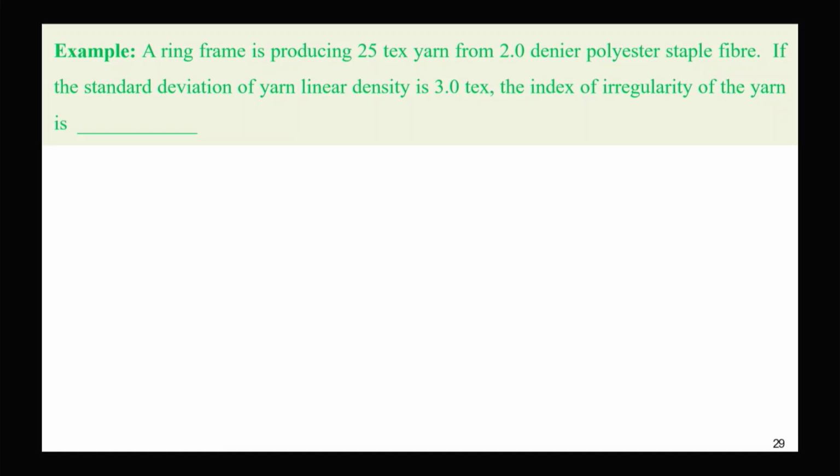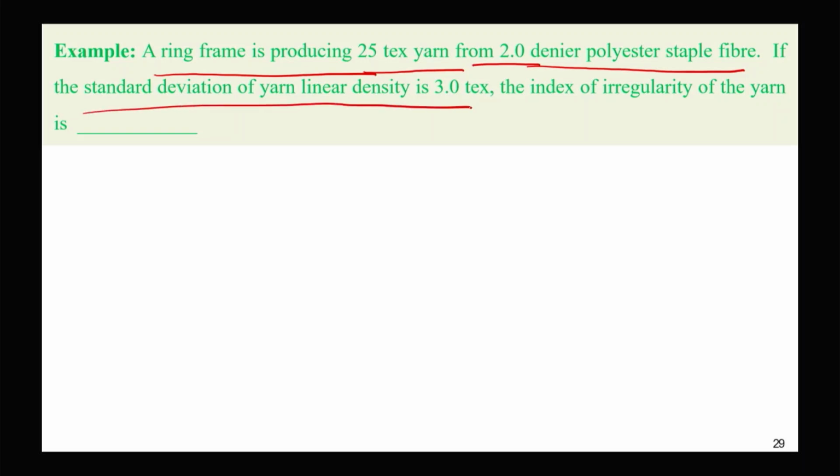Now, a ring frame is producing 25 tex yarn from 2 denier polyester. If the standard deviation of yarn linear density is 3 tex, the standard deviation is given, so apply the index of irregularity.